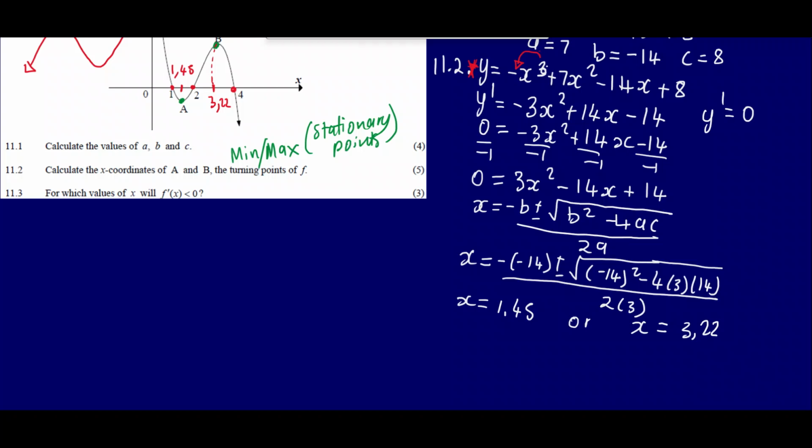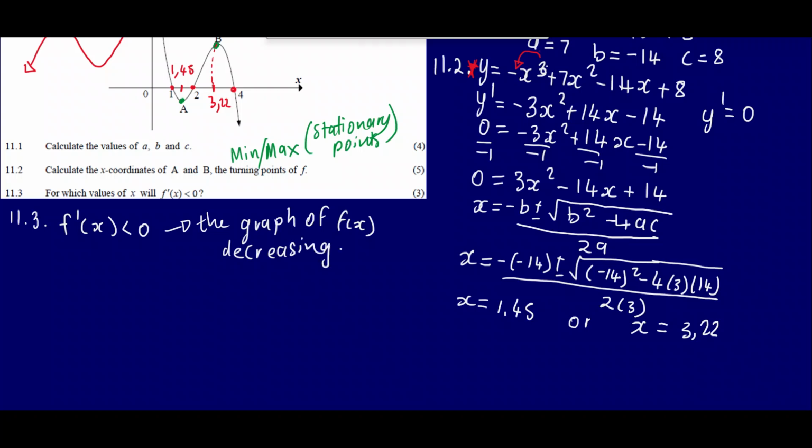Right? So the last question, 11.3, is asking f prime of x less than 0. So they're looking for values of x where the graph of f of x is decreasing, right?